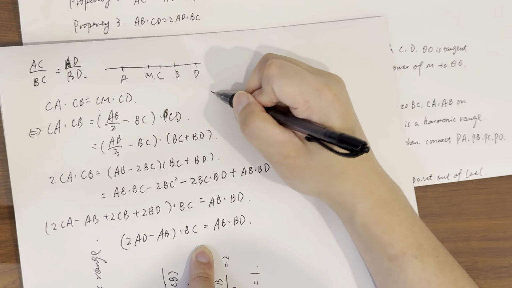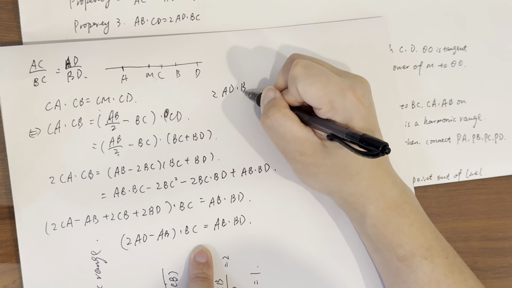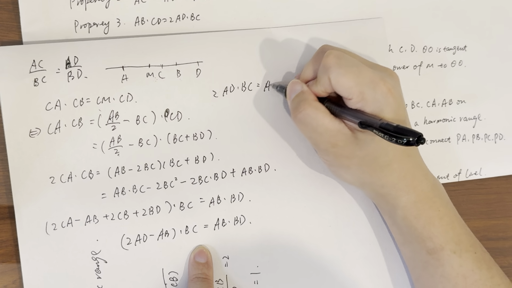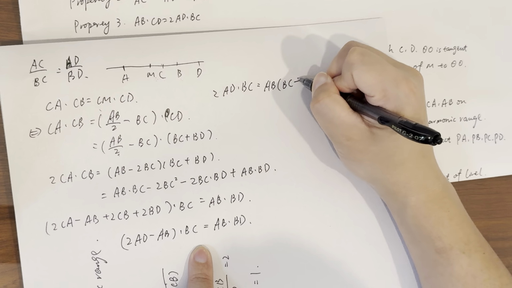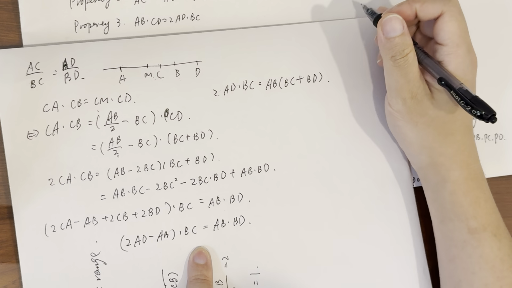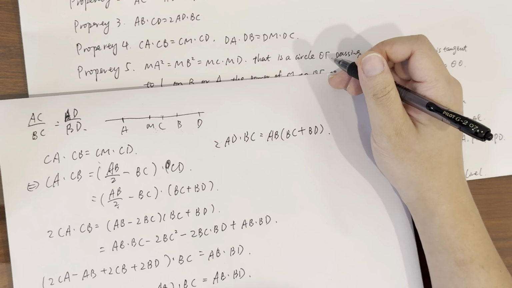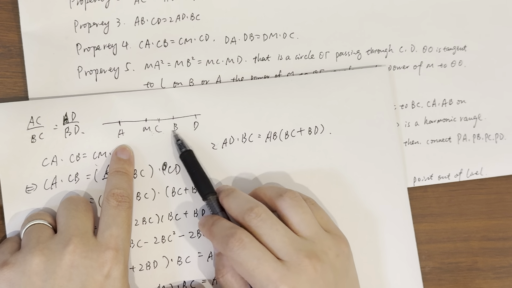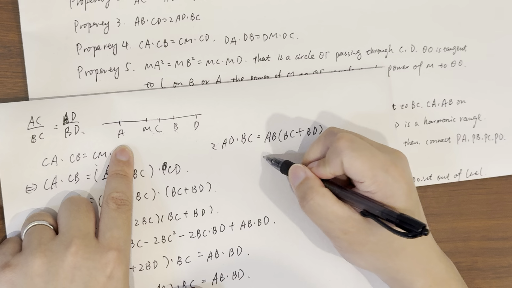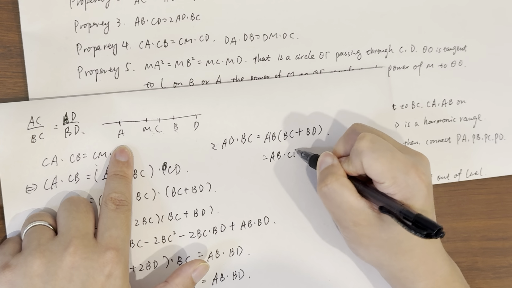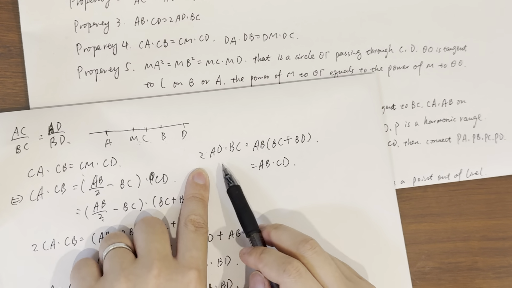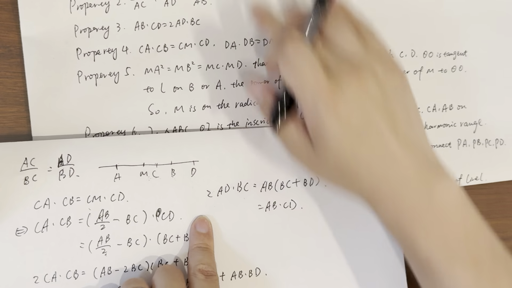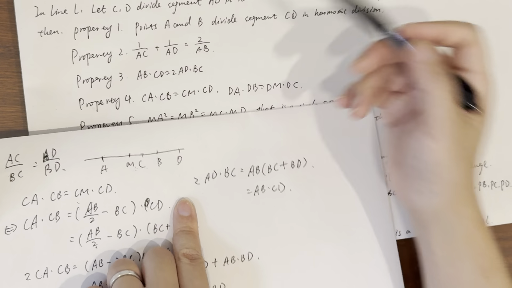Basically, we want to prove twice AD times BC equals 2 AB times (BC plus BD), and BC plus BD is CD. So that is AB times CD. So basically we want to prove twice AD times BC equals 2 AB times CD, which is property 3. We just proved it.